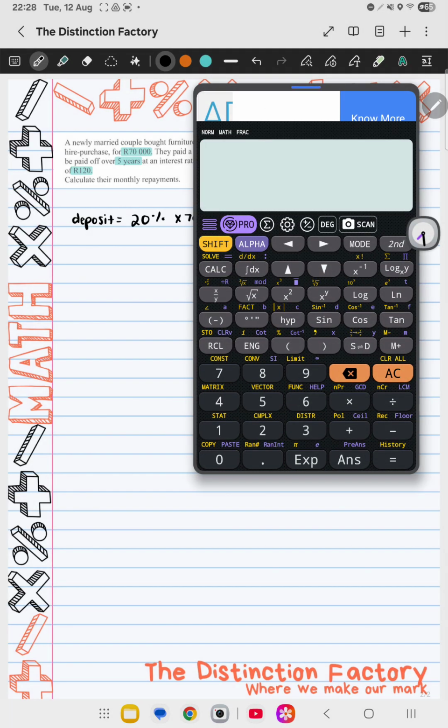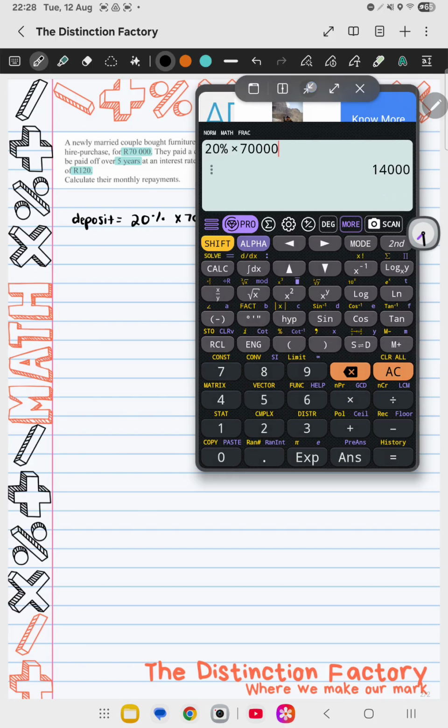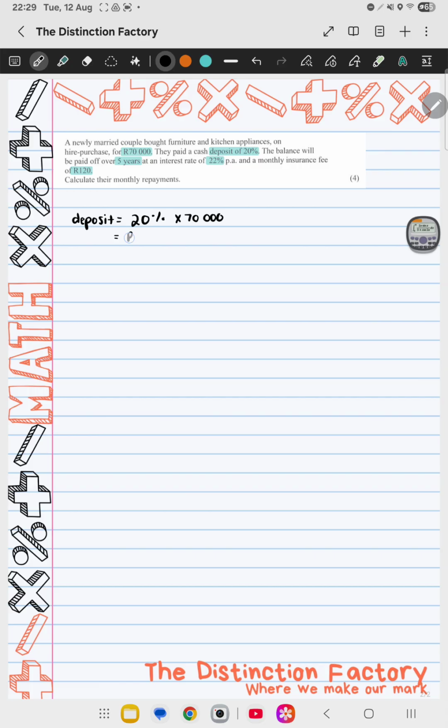So in your calculator, you could either put it as 0.2, 20 over 100, or you could write it as 20%. And we are timesing that by our cash value, which gives us 14,000 Rand. Once we have our deposit, we can thereafter calculate our balance that is owing.